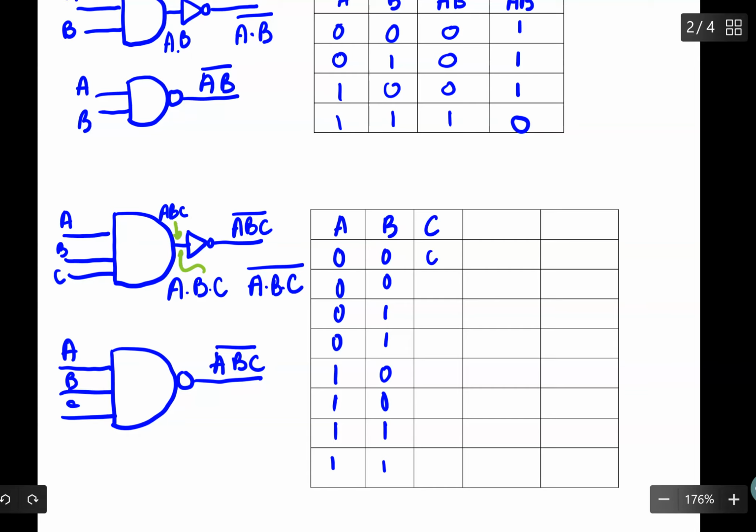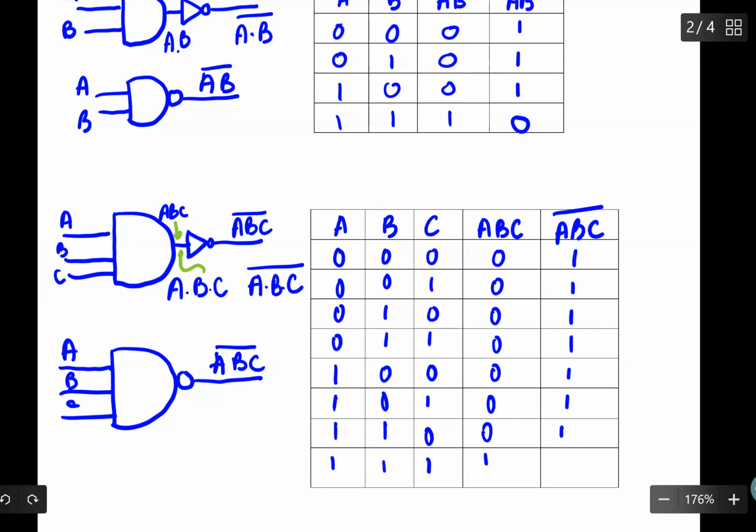C will be alternation of 0 and 1. And coming out of this, I should have ABC. That means everything is 0 except for the last row. And ABC inverted. That means I invert all of this signal.